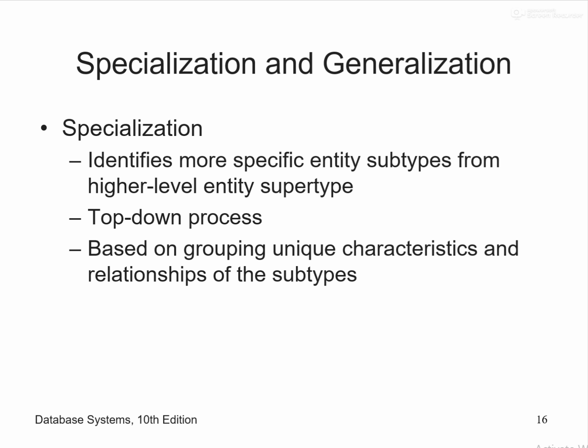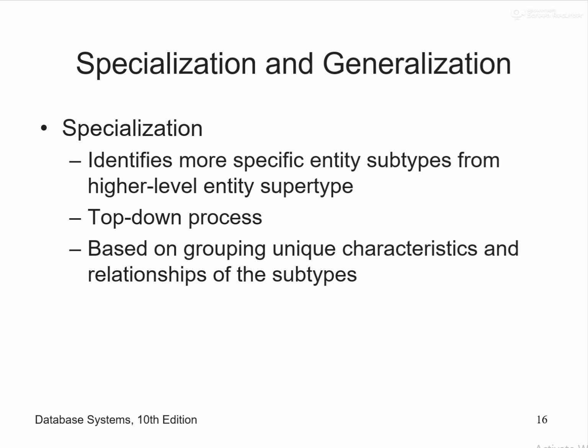Specialization is also called the top down process, where we identify more specific entity subtypes from a higher level entity supertype. It means you first decide on a supertype entity, and based on the supertype entity you can find different types of subtype entities. So it is a top down approach.